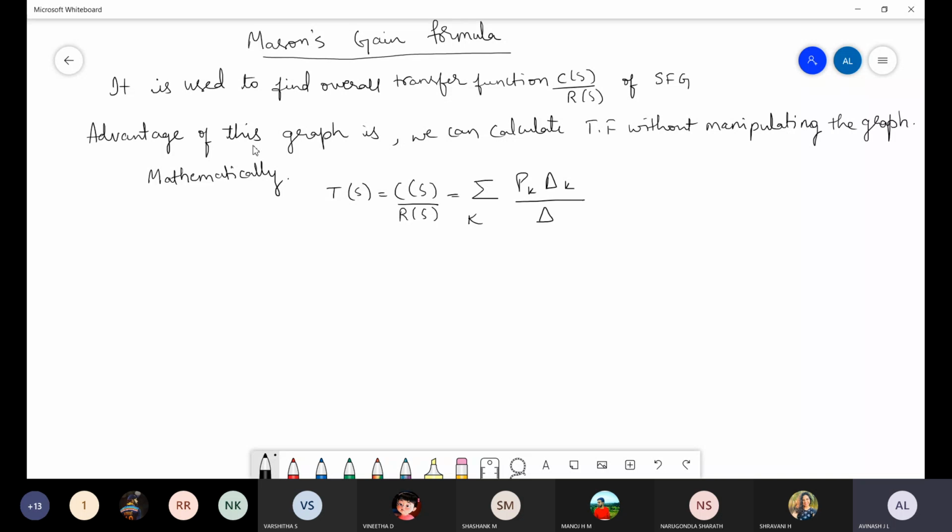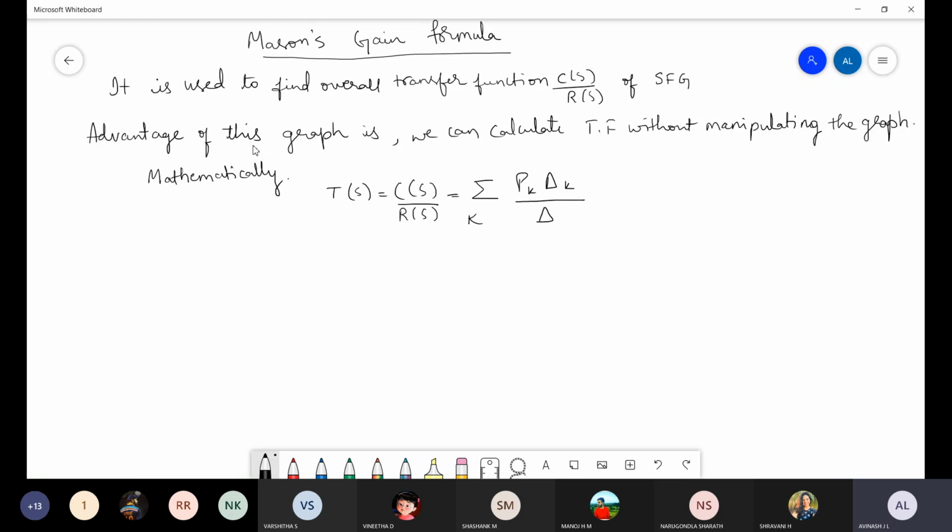So here the main thing you need to understand is that Mason has given one formula, and this particular formula is used in order to find the transfer function. While finding the transfer function, you need not manipulate the graph.